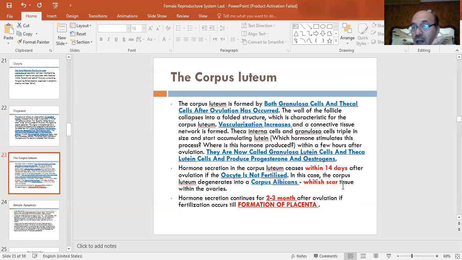So to maintain the thickness and the growth of this stratum functionalis, where implantation takes place, that is the function of the corpus luteum. After the corpus luteum does its function and the placenta appears, it will undergo atrophic changes and it becomes called corpus albicans.